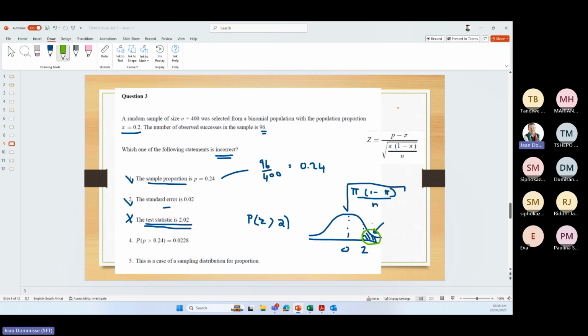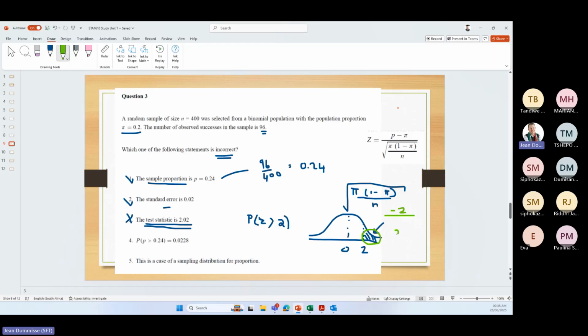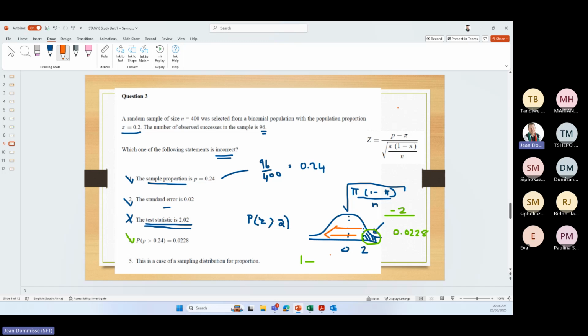So now again, first, let's go to the -2 table, because that will give me it directly: 0.0228. So it gives me the 0.0228, which is correct. Or I could have said 1 minus the orange area.